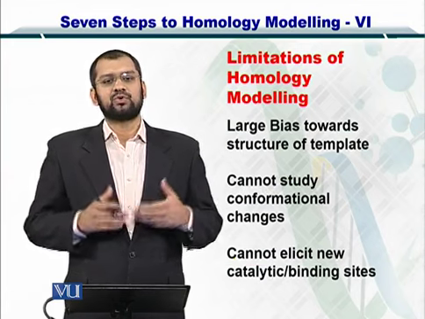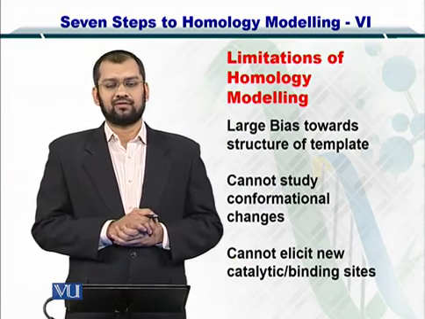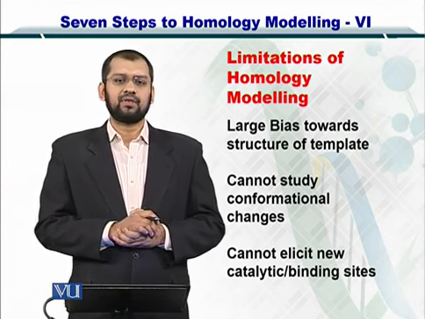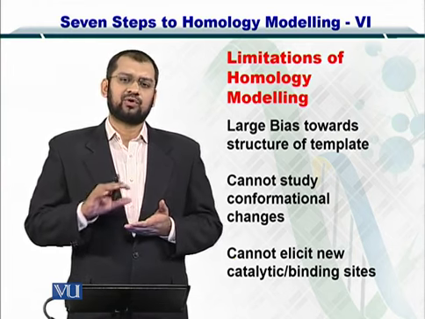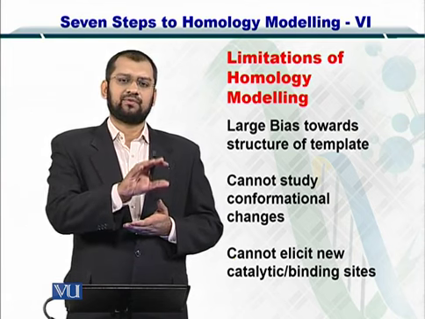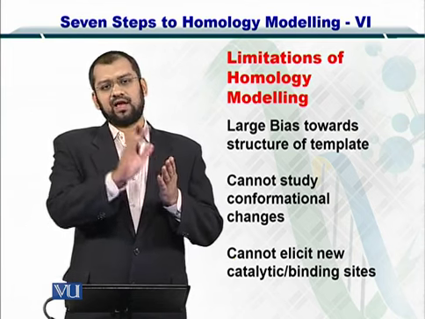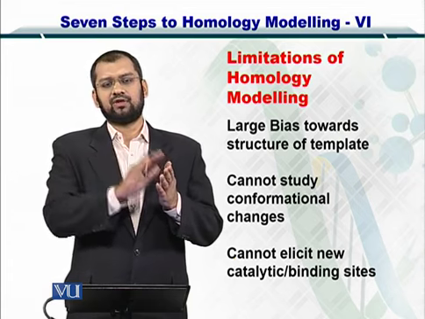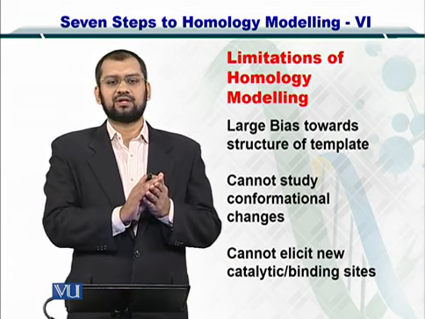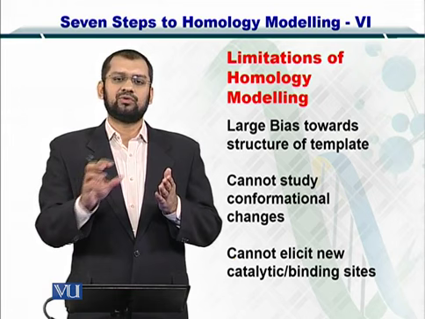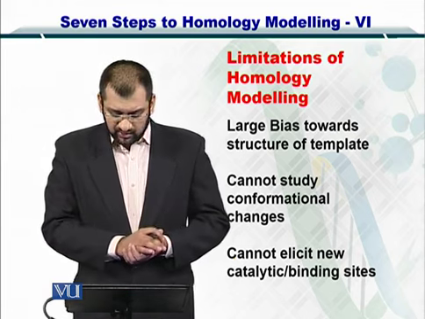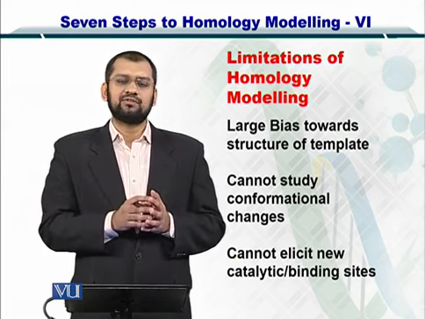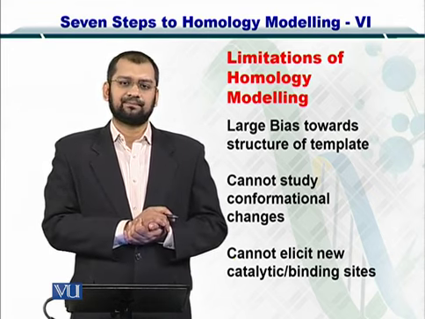So now that we have performed the entire 7 steps of homology modeling, we must also critically analyze what the shortcomings of such an exercise are. Because homology modeling is based on the template structure, anything that you predict is limited to the structural design of the template, and therefore there is a large bias towards the protein structure.